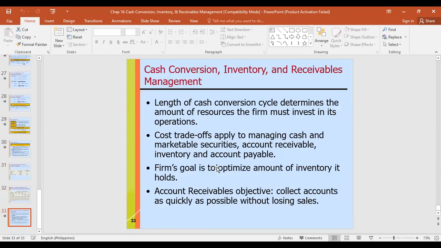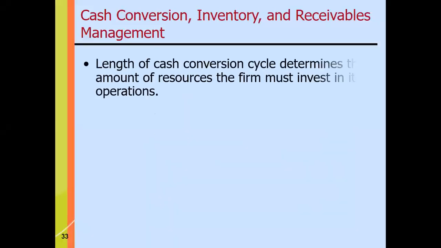And finally, we just have to take note of the following. The length of the cash conversion cycle determines the amount of resources the firm must invest in its operations. Normally, the bigger the positive it becomes, the more investment we need to cover our operations.